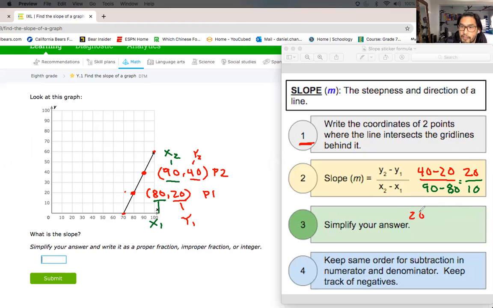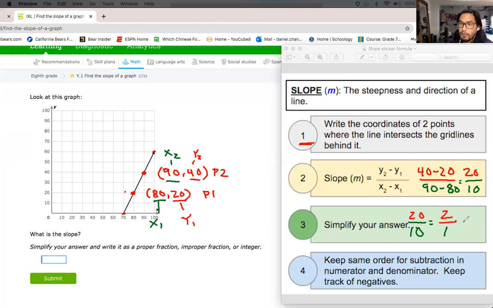So my slope is 20 over 10. I know that 10 is a common factor for both of these numbers. So if I divide 10 out of both the numerator and the denominator, I'm left with 2 over 1. 10 goes into 20 2 times, and it goes into 10 just once.